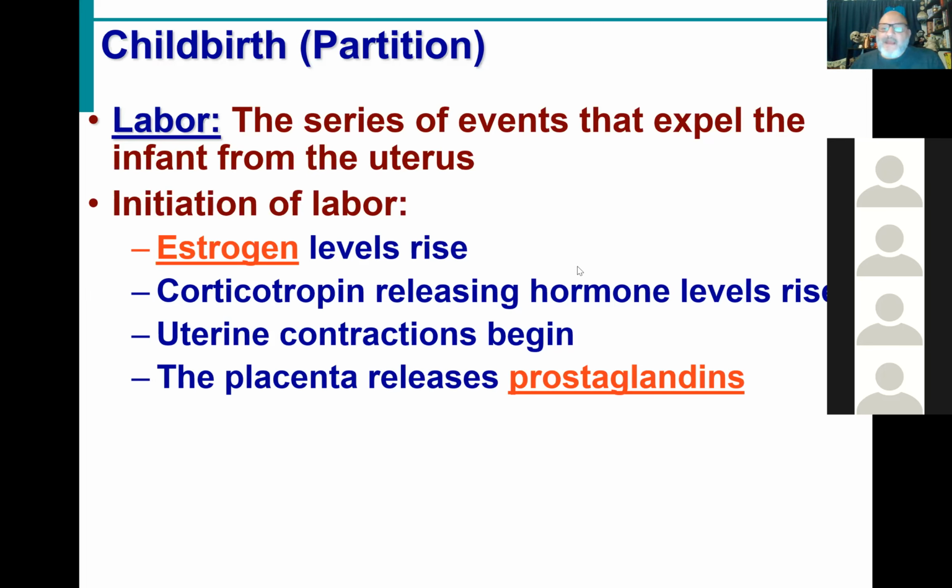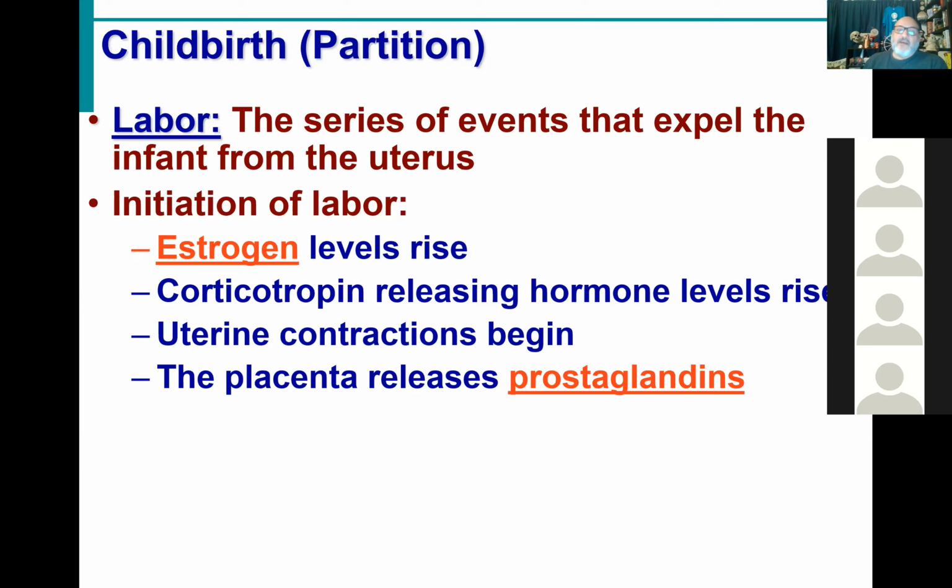Excellent. Now, remember, these changes, the increase in the estrogen, the corticotropin releasing hormone spiking, and just the baby getting big and pushing and being in the right position can cause that. But remember also, we talked about prostaglandins. Prostaglandins can be released by the ejaculate in the male, which is why we mentioned you have to be careful about having sex during late terms of pregnancy, because if we start the uterus contracting, it can start this positive feedback process.